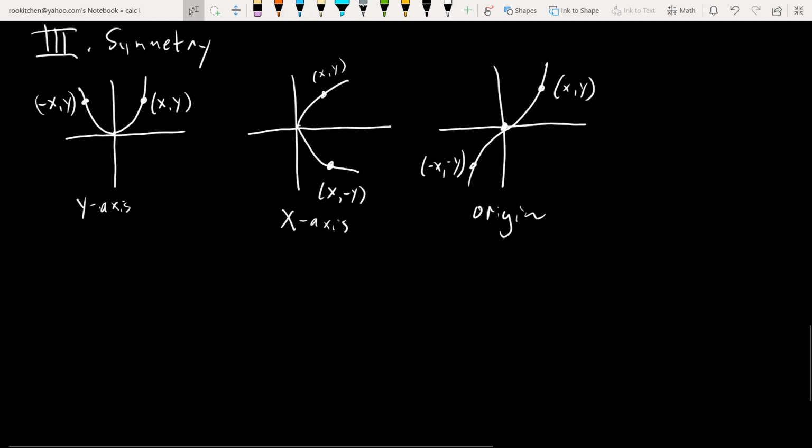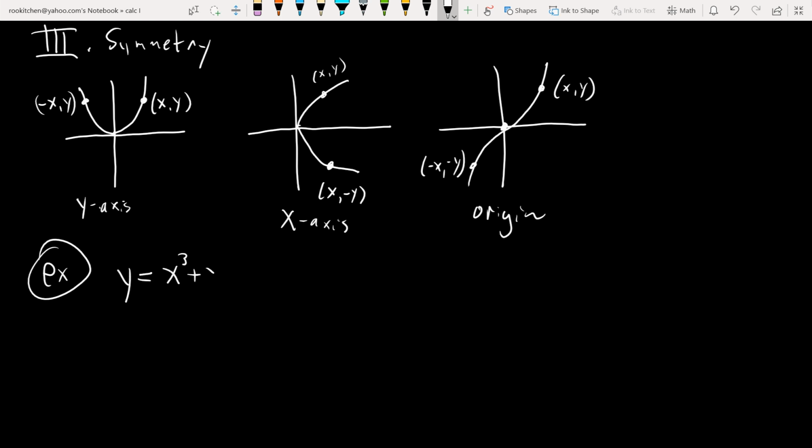Okay, so to test equations for symmetry types, what you're going to be doing is kind of a substitution and then see if the equation is unchanged. Okay, and the substitution comes directly from these pictures that I've just drawn.